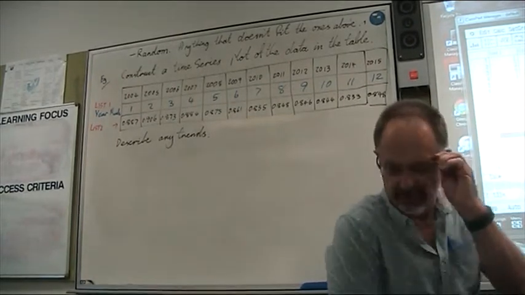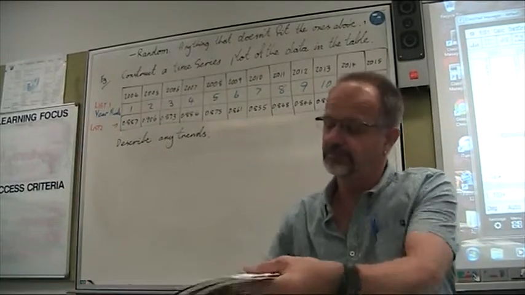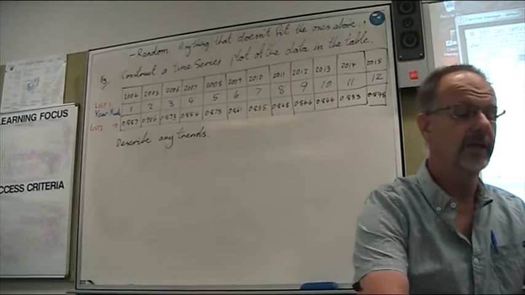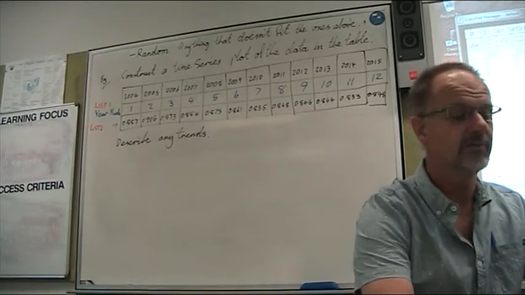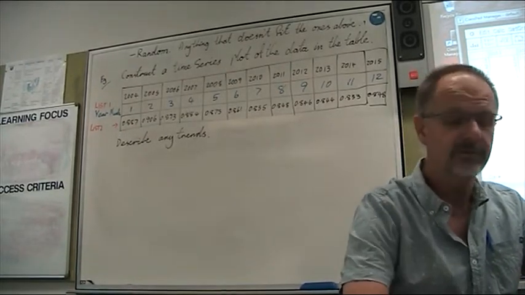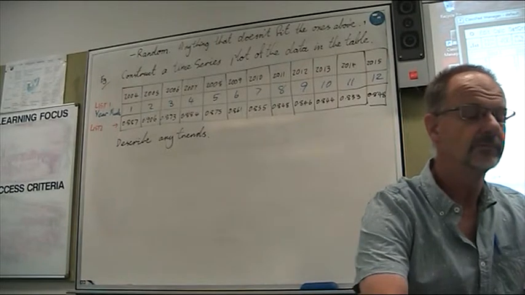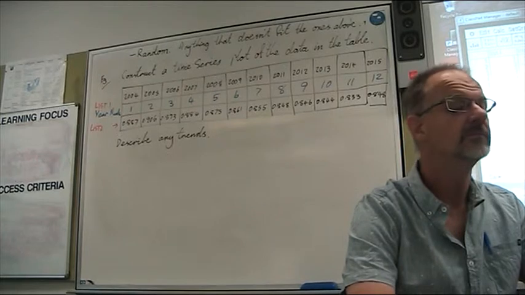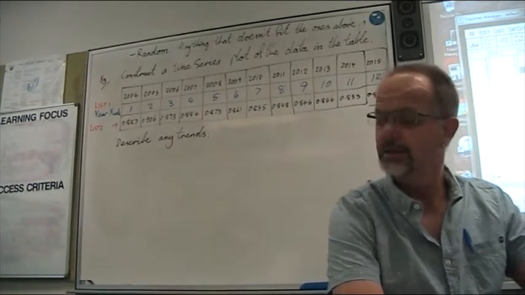And then we put the other data, whatever it is, in the next one, so 0.807, and so on.